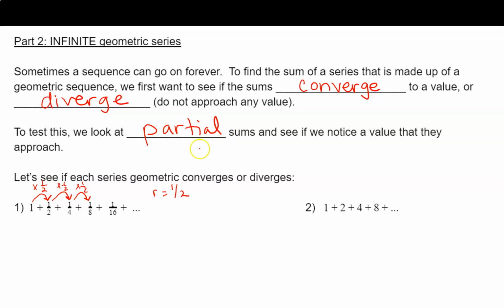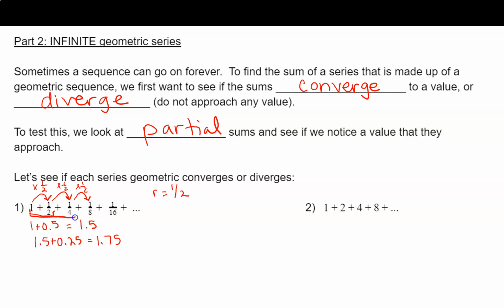So partial sums, that means I'm going to add terms one at a time. So I'm going to take my 1 plus a half. I'm going to use the decimal version of a half. That gives me 1.5. So now I'm going to take that sum and add to that 1/4, which is 0.25. When I do that, I get 1.75.